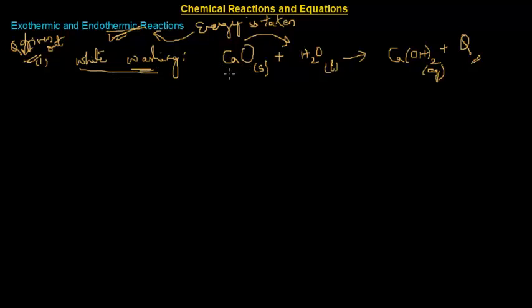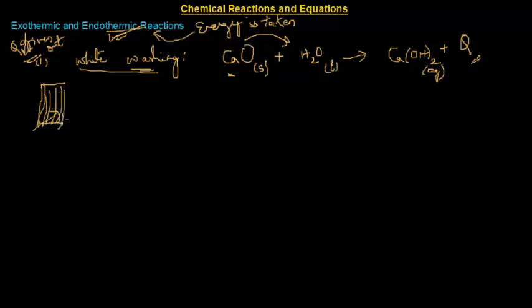You know this reaction. This is how calcium hydroxide is formed, which is known as slaked lime. This slaked lime is painted onto the walls of the building. Then what is done?